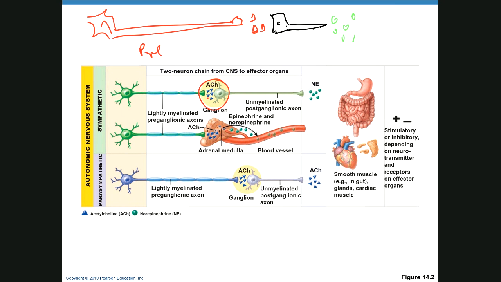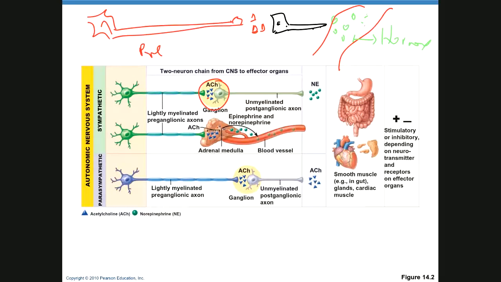The difference is that in this case, the norepinephrine is being released into a blood vessel. The minute it's released into a blood vessel, it becomes a hormone. Now it's not a neurotransmitter anymore, because neurotransmitters go from neuron to organ. If it goes into the blood, it's called a hormone. So that's what these little circles are, epinephrine and norepinephrine.